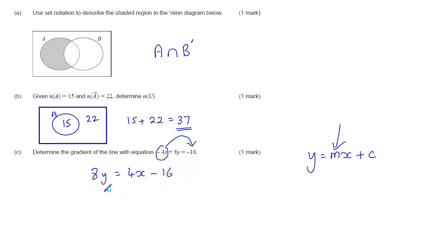Now divide right through by 8, and we get y is 4 divided by 8, which is a half, x take away 2, and then note that the m is the number multiplying the x. So we can see that the gradient is a half.